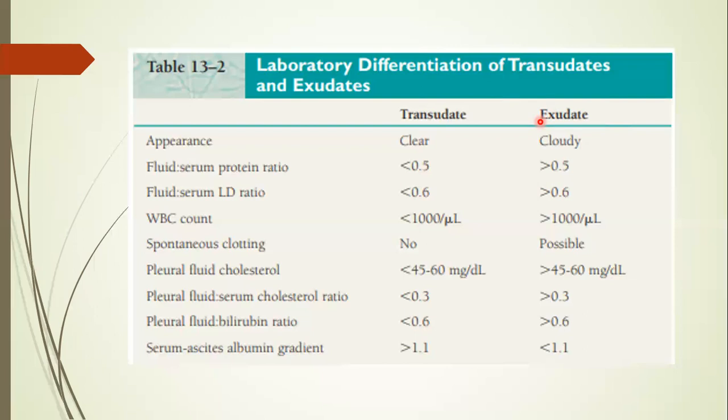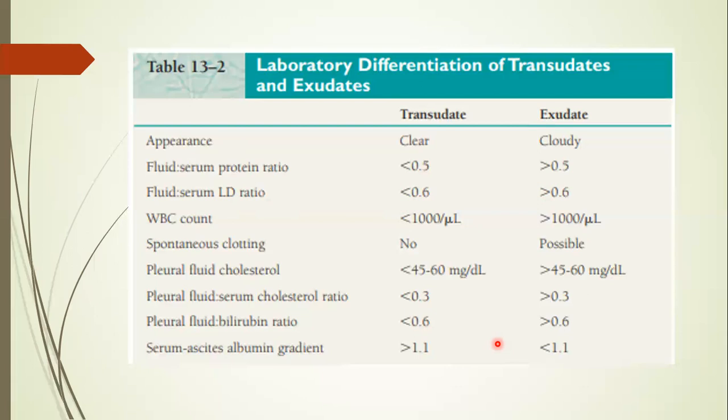Number one, what's the first criteria for Light's criteria? A fluid serum protein ratio of more than 0.5. Number two, a fluid serum LD ratio of more than 0.6. And the third criteria, not seen in this table, is an LDH, okay? A serous fluid LDH level more than 2/3 of the serum upper limit normal level.